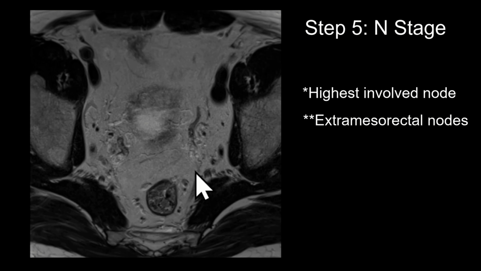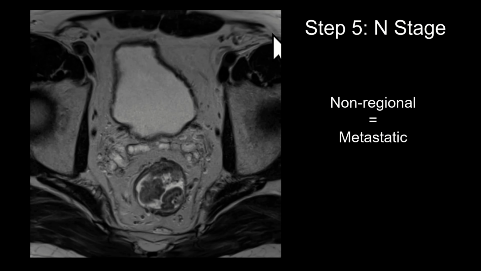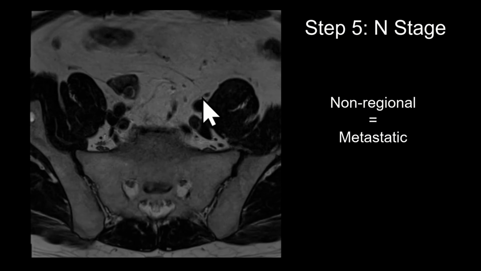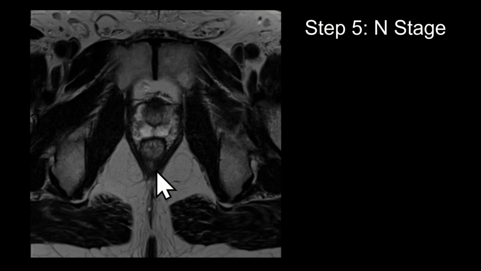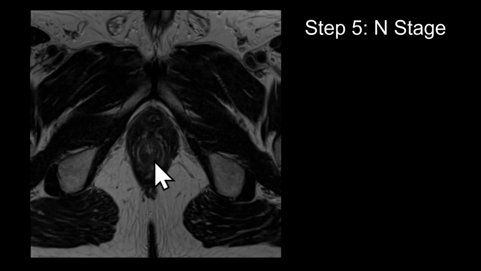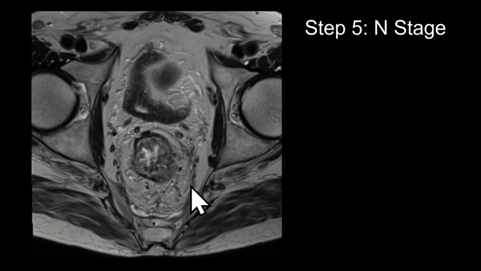So when you do a total mesorectal excision, they're not routinely cutting out the lateral nodes, so involvement of the lateral nodes may alter or affect the surgical approach. Also, of course, non-regional nodes like inguinal nodes, external iliac nodes, common iliac nodes should also be mentioned. And again, those are considered M1 disease or metastatic. Remember, if tumor involves the anal canal below the level of the dentate line, then inguinal nodes are considered regional and not metastatic or M1 disease.